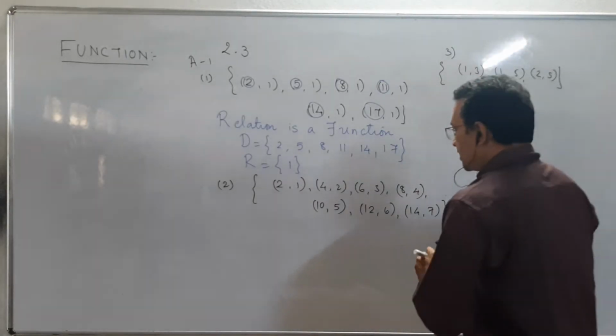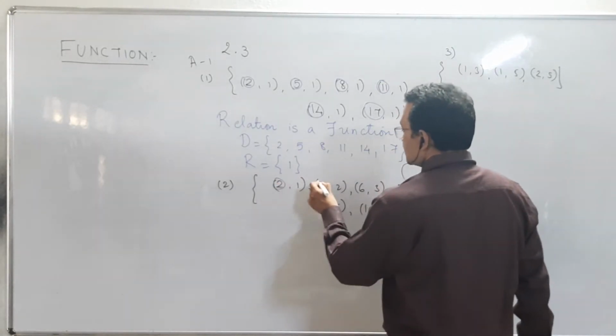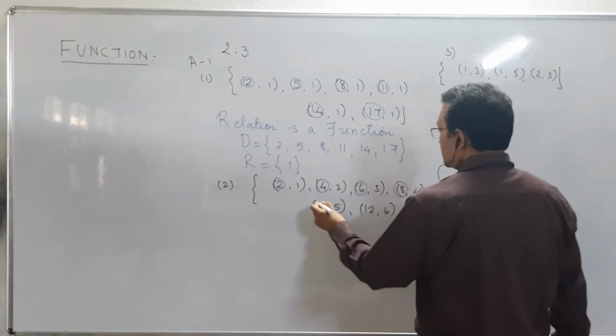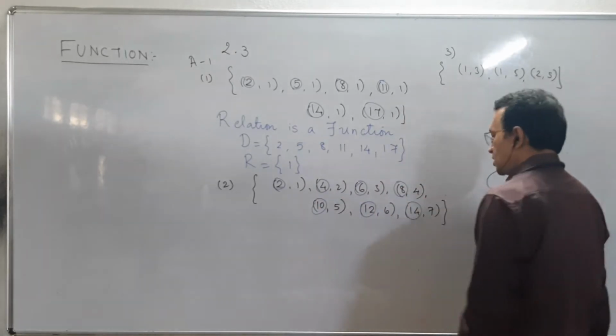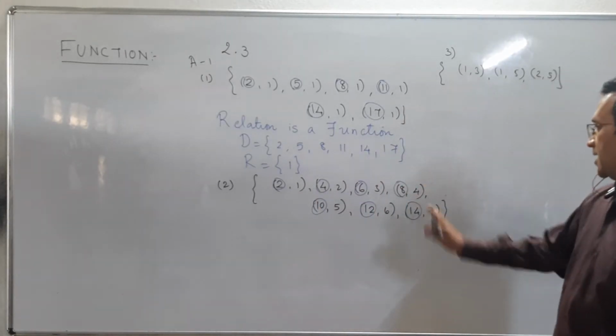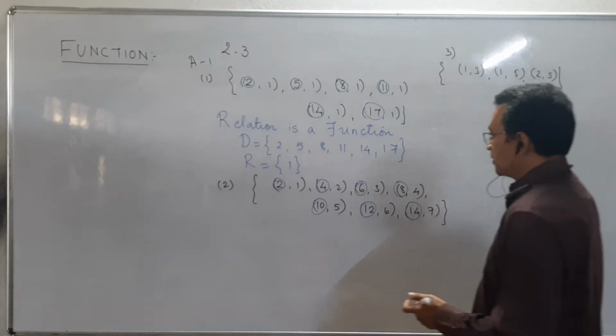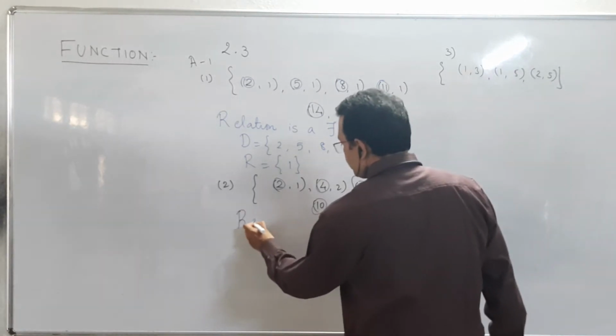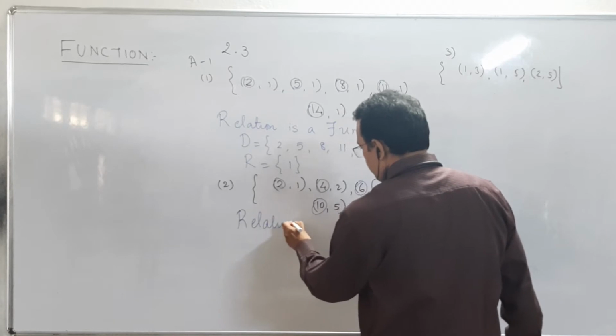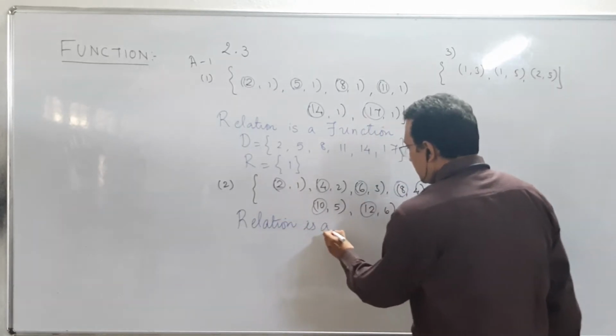Now students, second relation, check. The first elements are 2, 4, 6, 8, 10, 12, 14. No repetition. The second element can be repeated any number of times. So this relation is a function.